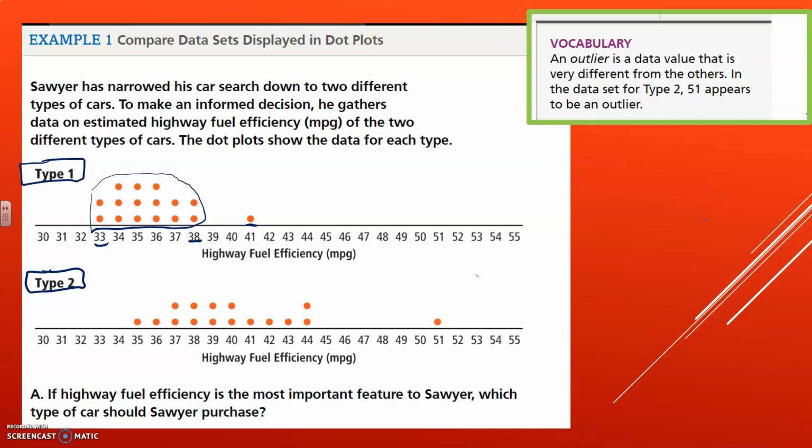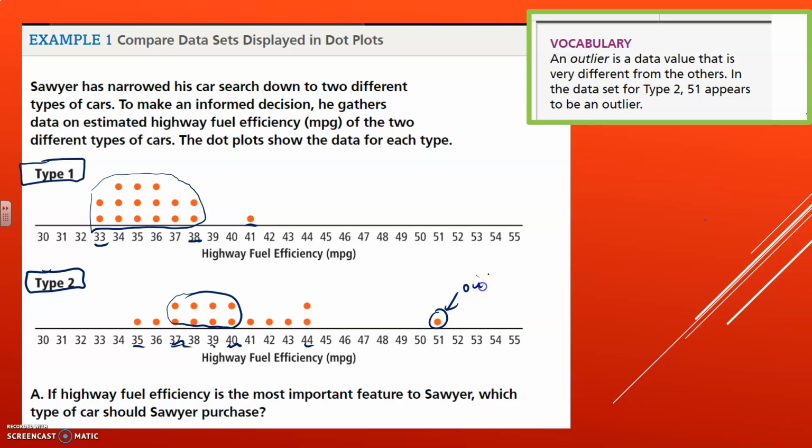Now we can see type 2 is a little more spread out between 35 and 44. The biggest cluster, I guess, is from 37 to 40. But again, there are still some fairly decent values up until 44. So the cluster would be considered higher than the cluster of type 1. The other thing I notice is that there is an outlier.